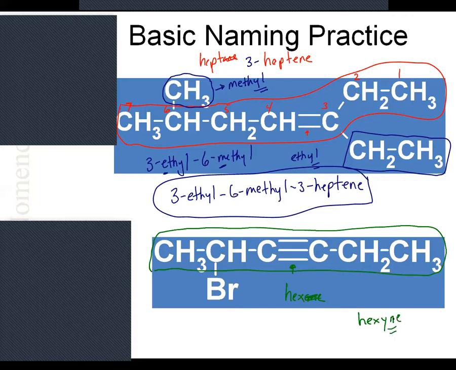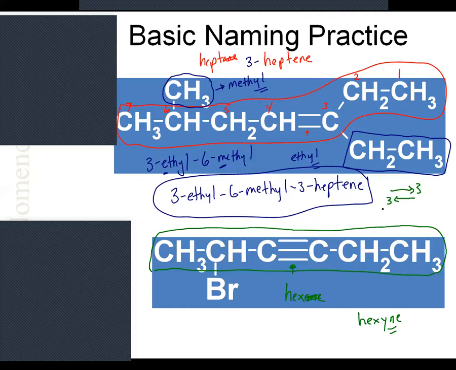We do want a number going right to left. Right to left is 1, 2, 3 for the triple bond. Going left to right gives us 1, 2, and 3 for the triple bond as well. So going in either direction, our triple bond is going to be located at the exact same number.